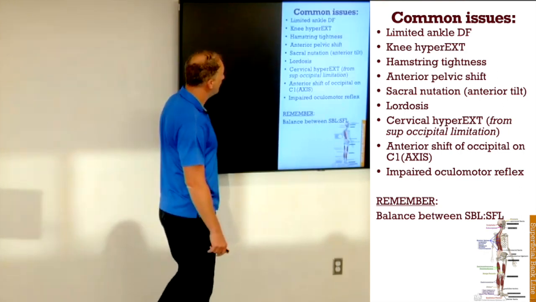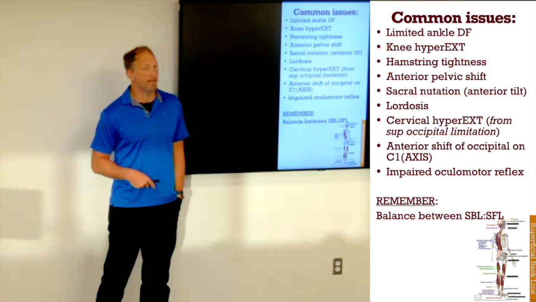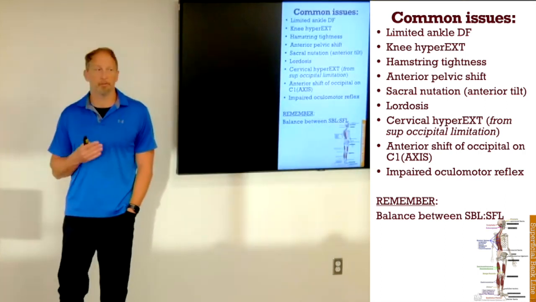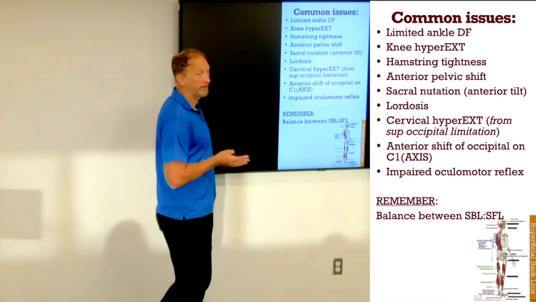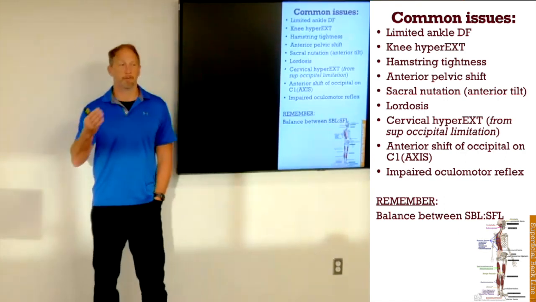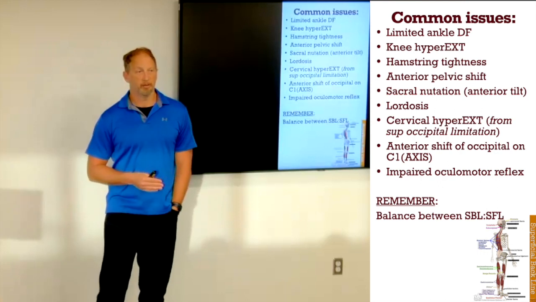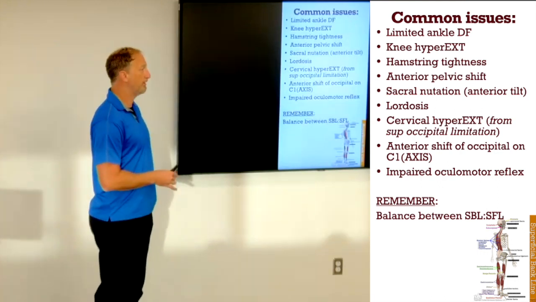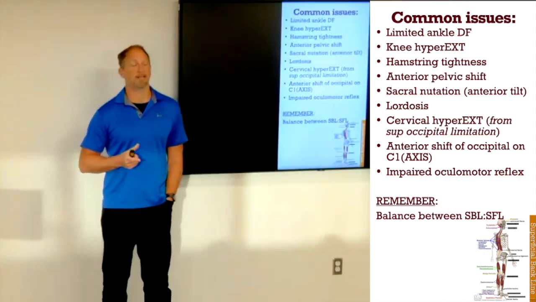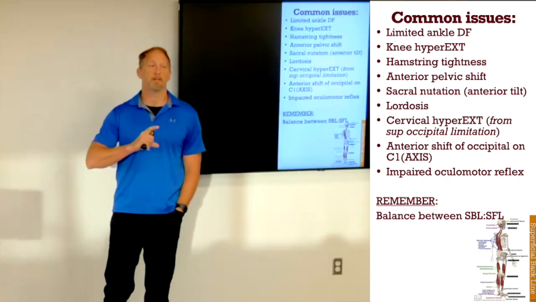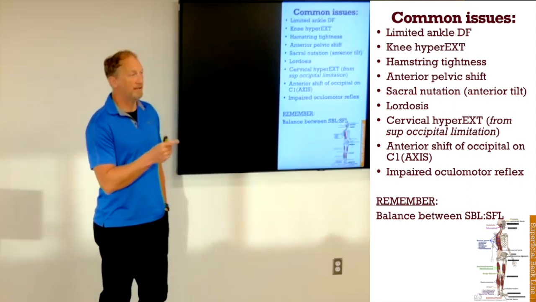It's easy to look at this list and think, okay, if I have a dorsiflexion restriction, it's a superficial back line issue. Remember though, if we're talking about a superficial back line issue, there has to be a corresponding superficial front line issue. Because the only reason these issues develop is if there's an imbalance or an inability of those lines to work together efficiently and communicate efficiently at that joint.